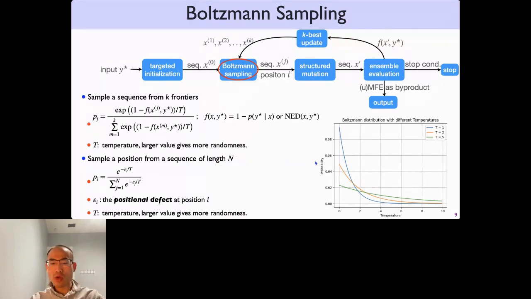For both samplings, we use the Boltzmann distribution, also known as the softmax distribution in machine learning, and we give the hyperparameter T to control the sharpness of the distribution. When the temperature T is low, the distribution is close to a one-hot distribution. And when the temperature T is high, the distribution would be close to a uniform distribution.